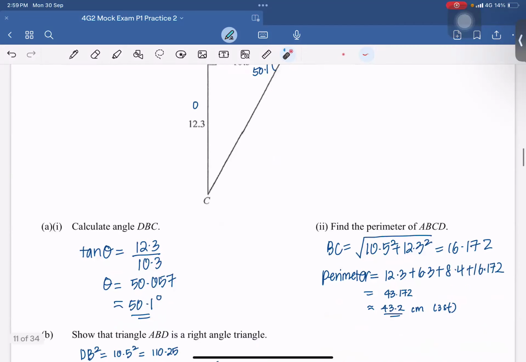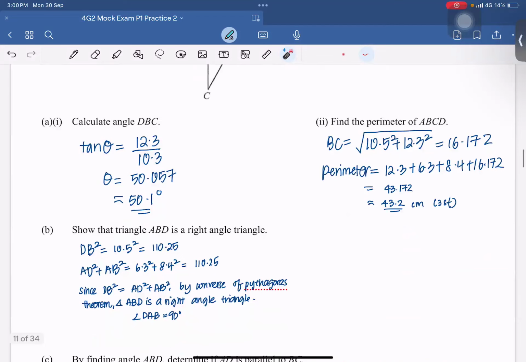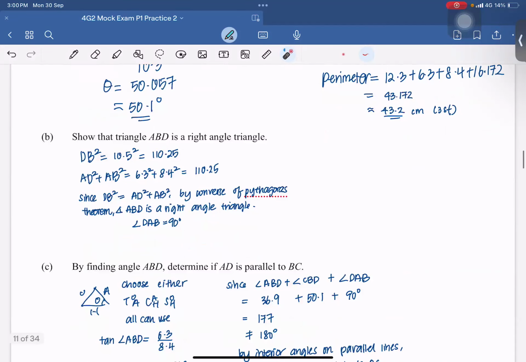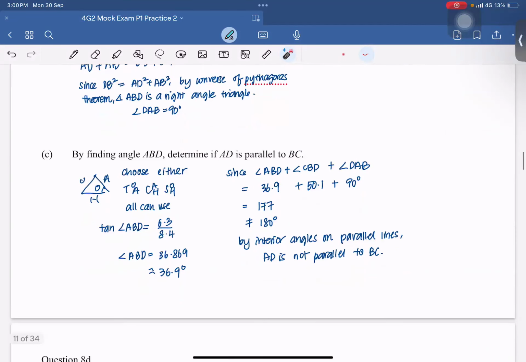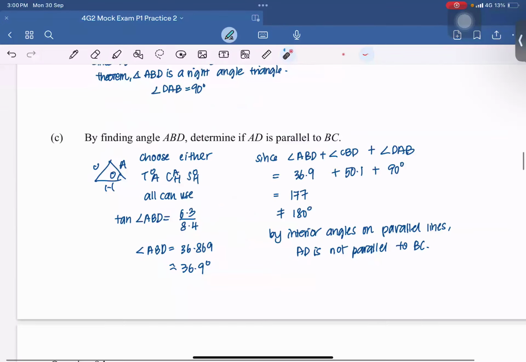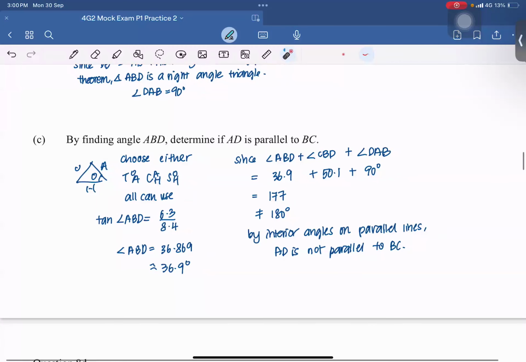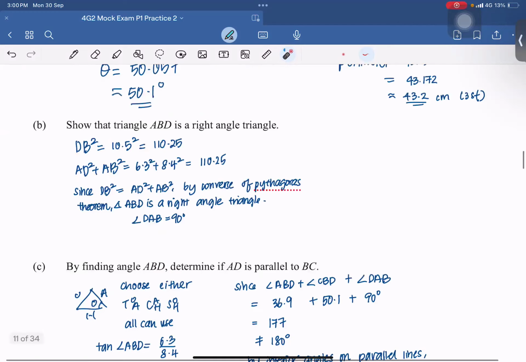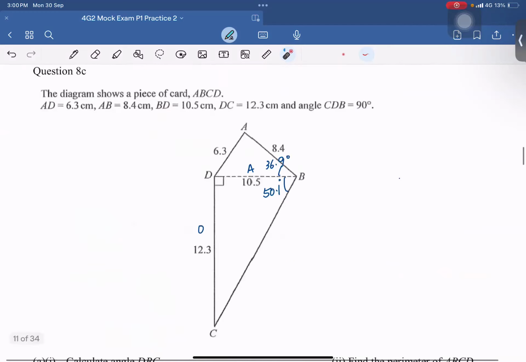Okay, this question over here is something similar. I'll leave you to do it. Just that I want to highlight the last part. I purposely set it such that it's related to angles on parallel lines and showing whether the lines are parallel to each other. How do I know whether line AD is parallel to BC?